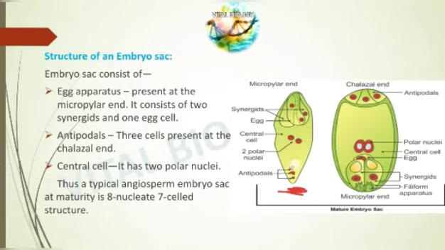Here you can observe the 3 red colored structures, the antipodals, present at the chalazal end opposite to the micropylar end. And at the center there are 2 polar nuclei. Thus a typical angiosperm embryo sac at maturity is 8 nucleated and 7 celled.